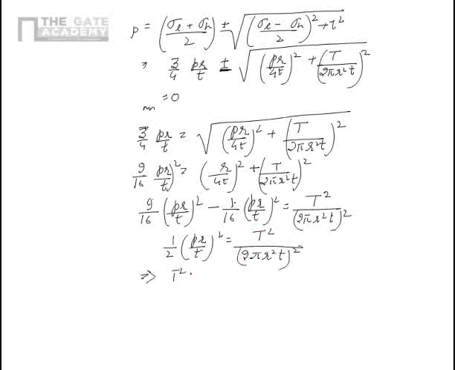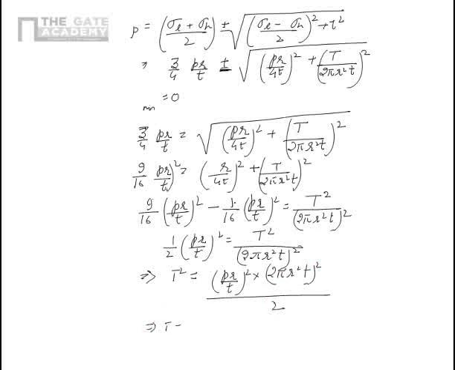So that gives me T square, that is equal to PR upon T square multiplied by 2 pi R square T square upon 2. This 1 upon 2 is this 2.